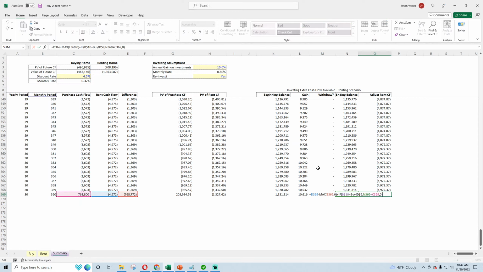What are we doing here? So we're technically saying the rental cash flow minus 0. Let's make sure this is what this equals. Okay, so that's 0.